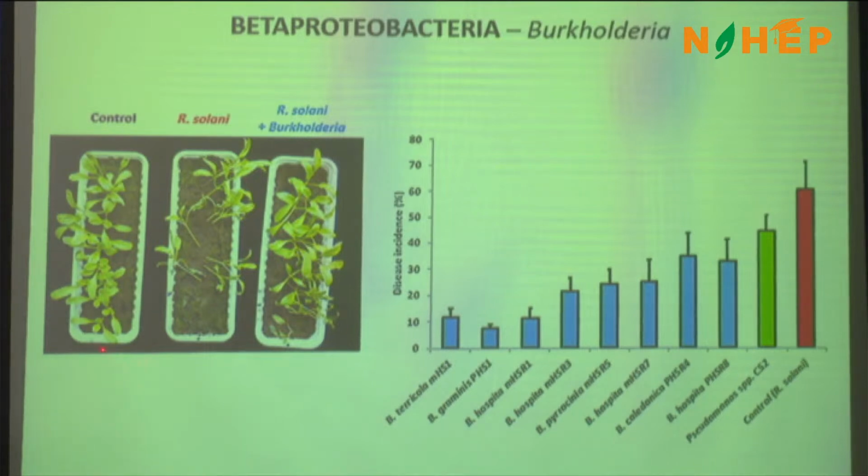So you grow your sugar beet seedlings, and then you see how the pathogen starts here and starts killing the different seedlings. And then you have the control where all the plants are healthy and happy. The one inoculated with Rhizoc, plants are dead, almost all.